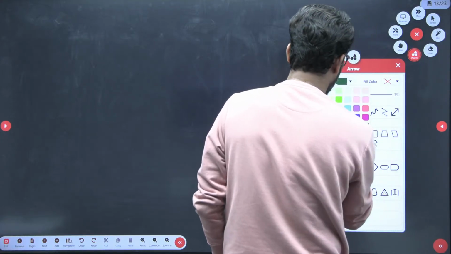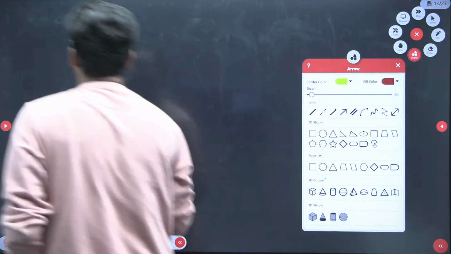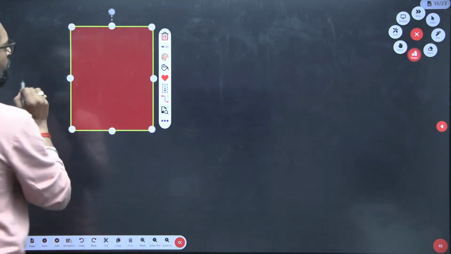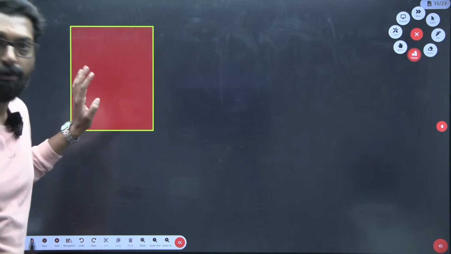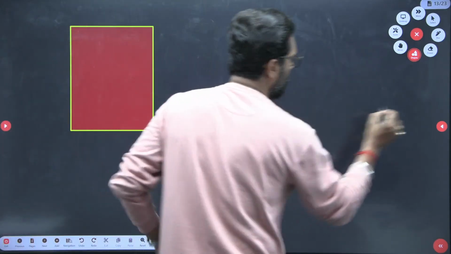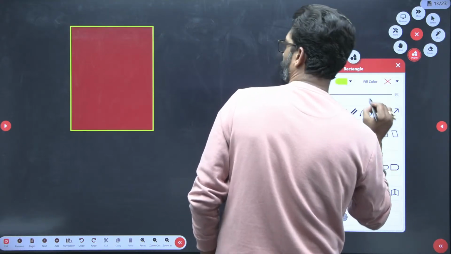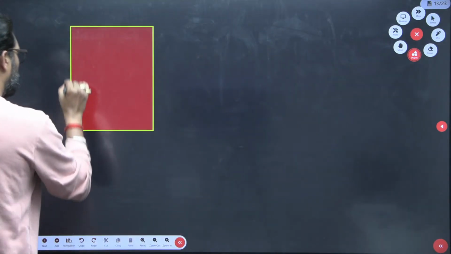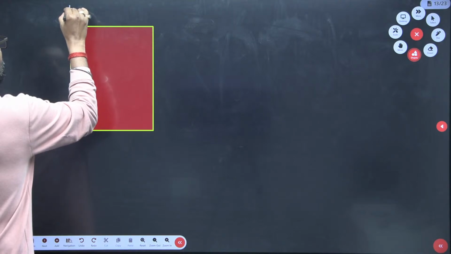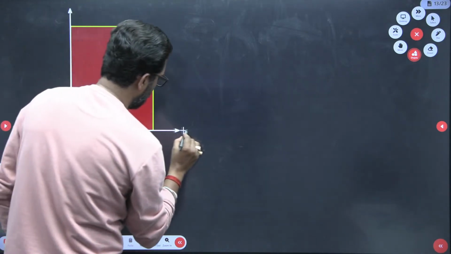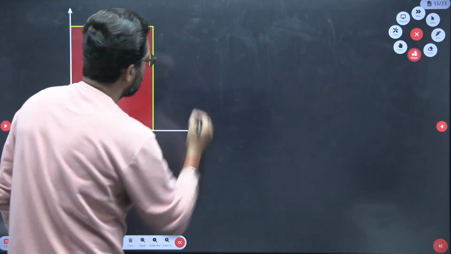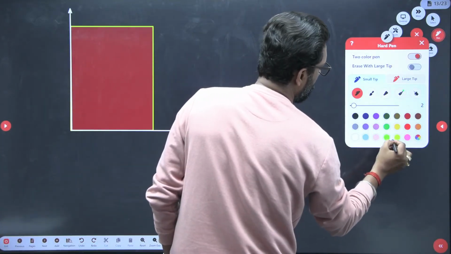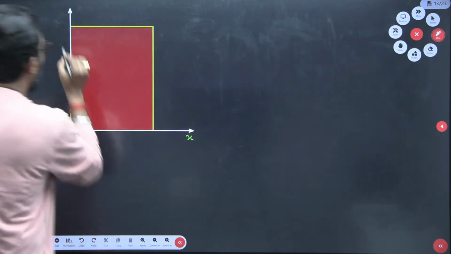If you take a coordinate, this is your x-axis, and this is your y-axis.